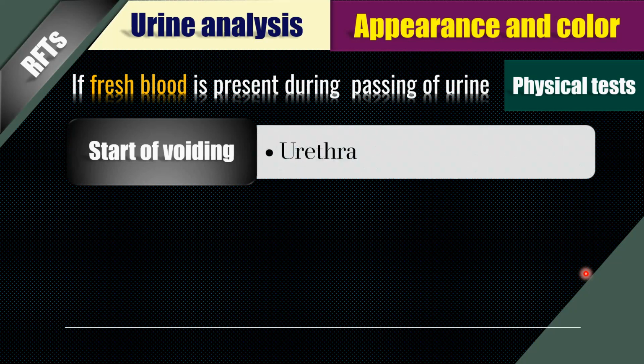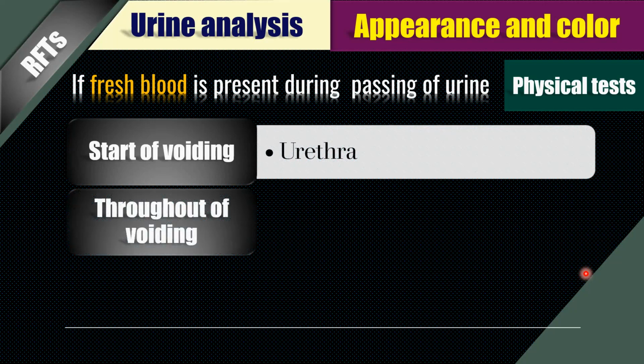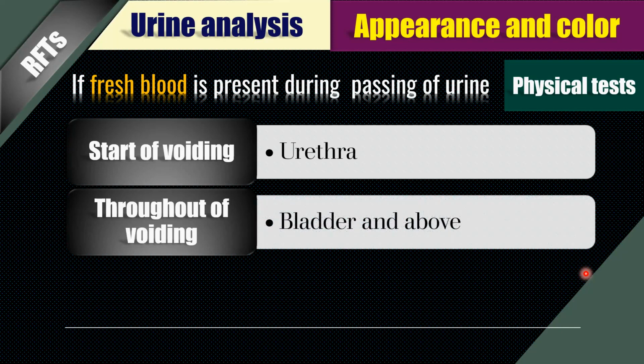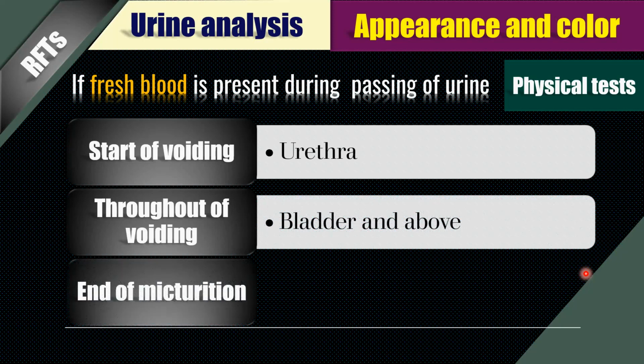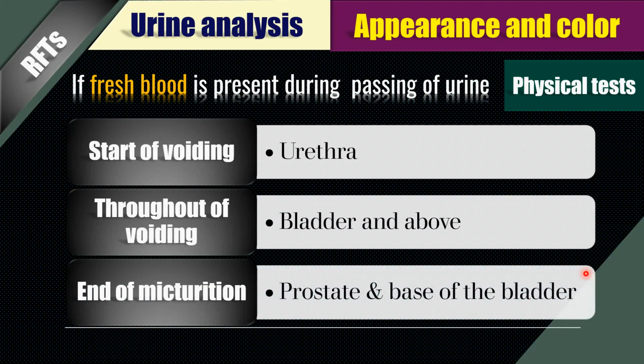The source of blood is the urethra. If there is blood throughout passing urine, then the source of blood might be the bladder and above. If blood is present at the end of micturition, then it could be due to the prostate or enlarged prostate and the base of the bladder.